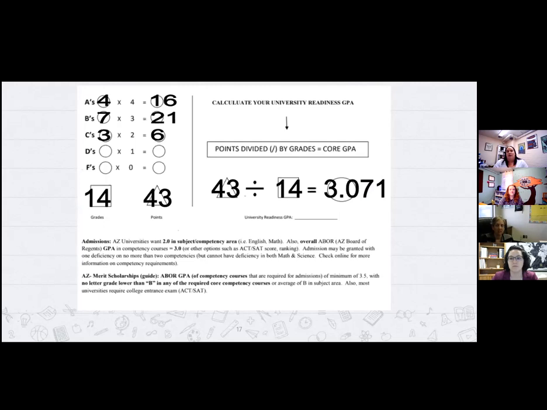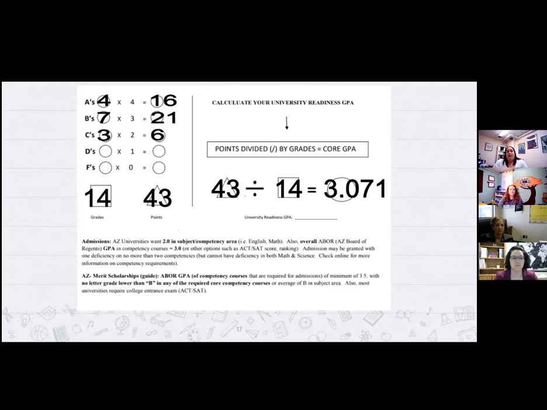So we would encourage you to take the time to calculate your GPA just for your math classes, just for your English classes, just for your lab sciences and so on. If you have that 2.0 in the subject area, then you would qualify for admissions.